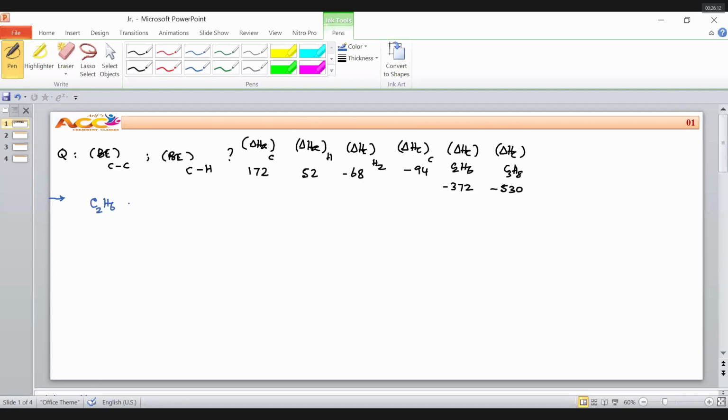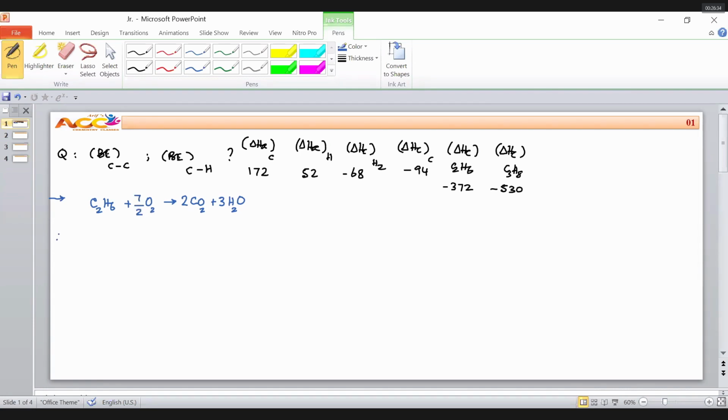C2H6 plus oxygen gives you carbon dioxide and water. 2 carbons are available, 6 hydrogens are also available, 4 oxygens plus 3 oxygens, 7 oxygens are also available.